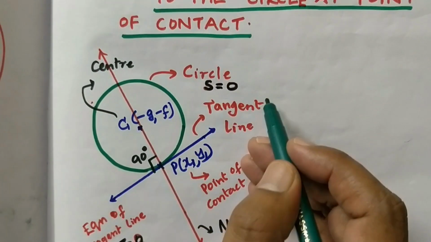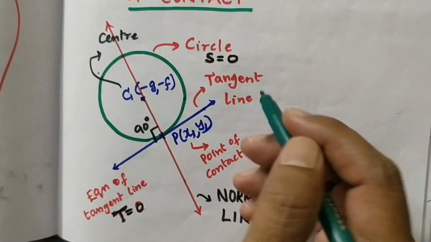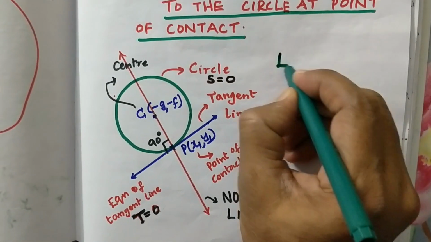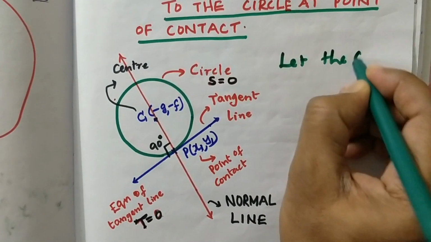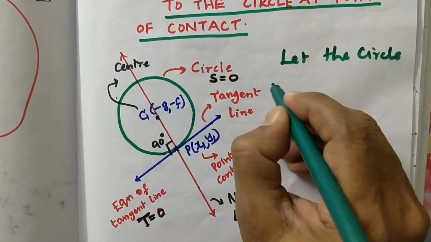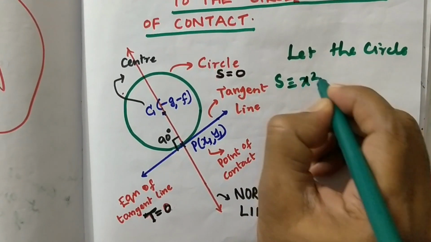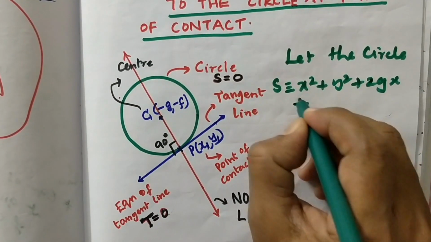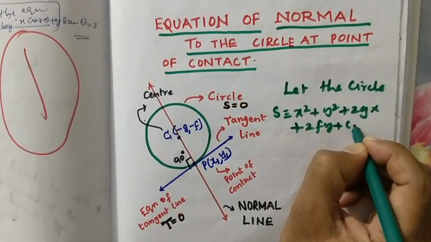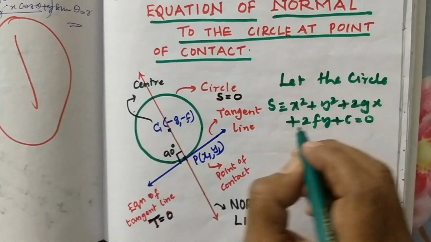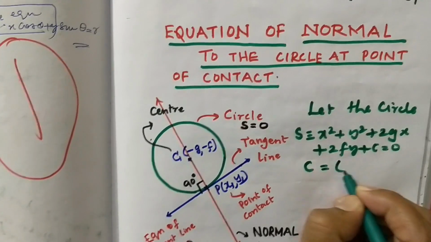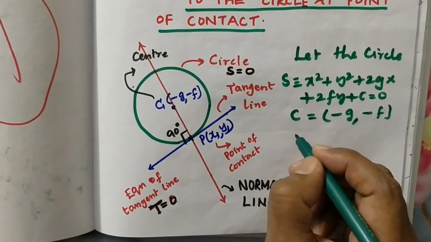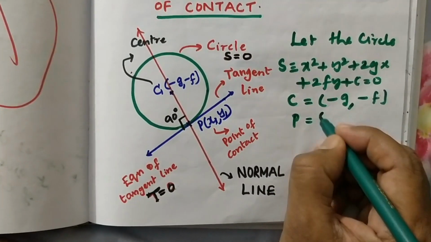Let the circle S be x square plus y square plus 2gx plus 2fy plus c is equal to 0, and center C is minus g, minus f, and the point of contact is x1, y1.